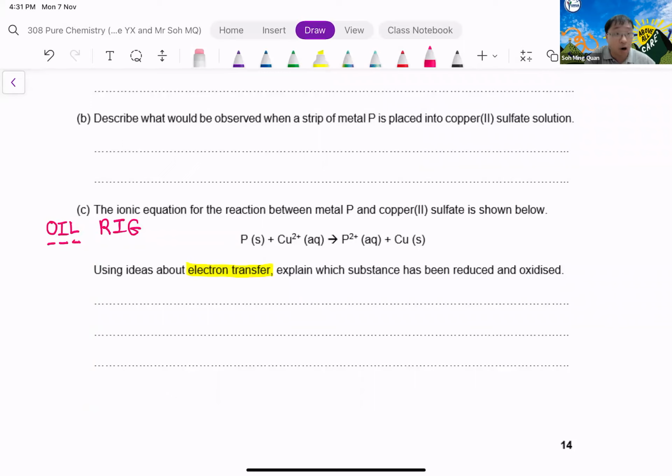Oxidation is loss of electrons. Reduction is gain of electrons. So now, using this definition, OIL RIG, what has been reduced? What has been oxidized? Let's take a minute to think first.